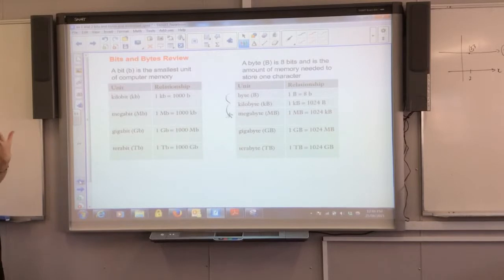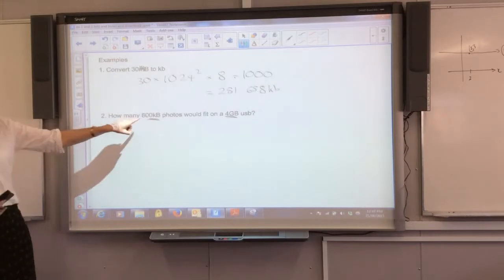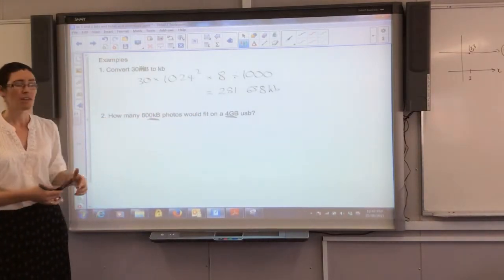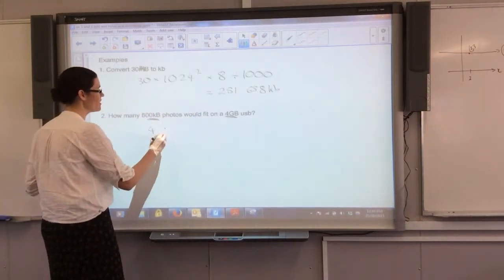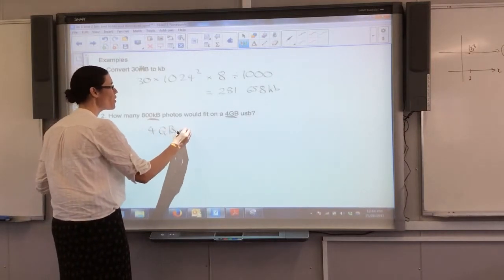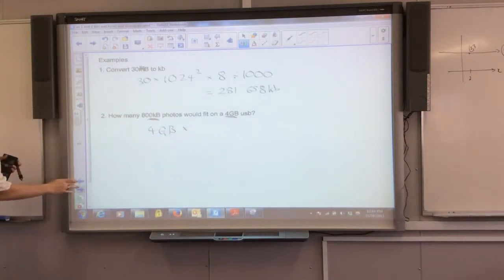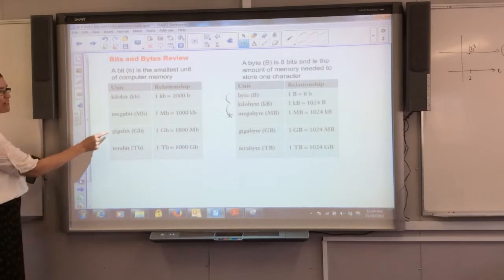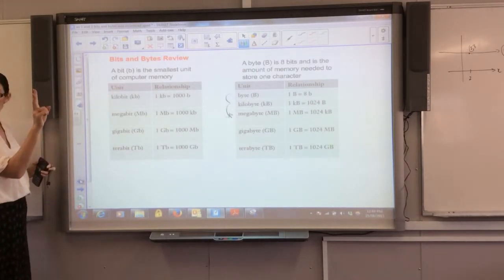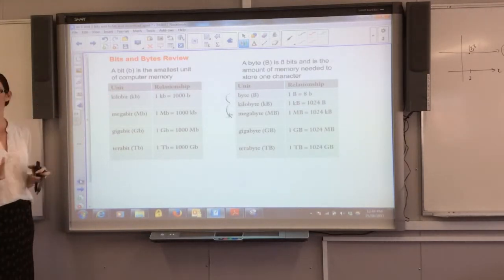For this question, I'm going to choose to convert my gigabytes into kilobytes, so that they're both measuring in kilobytes. So I'm going to take my 4 gigabytes. What do I have to do to convert it to kilobytes? How many jumps is it from gigabytes to kilobytes? 2. And what do I times by for bytes?